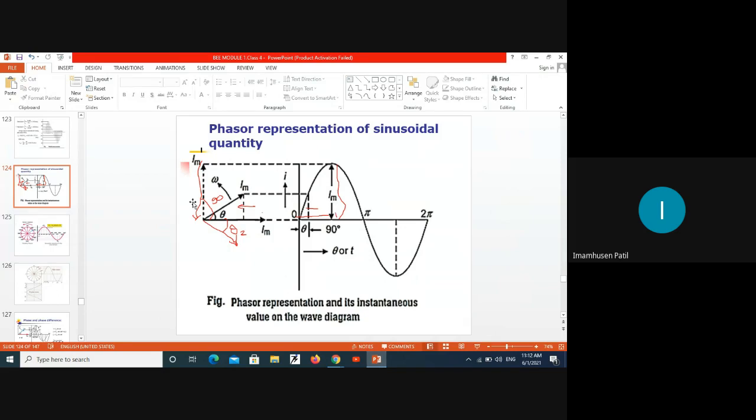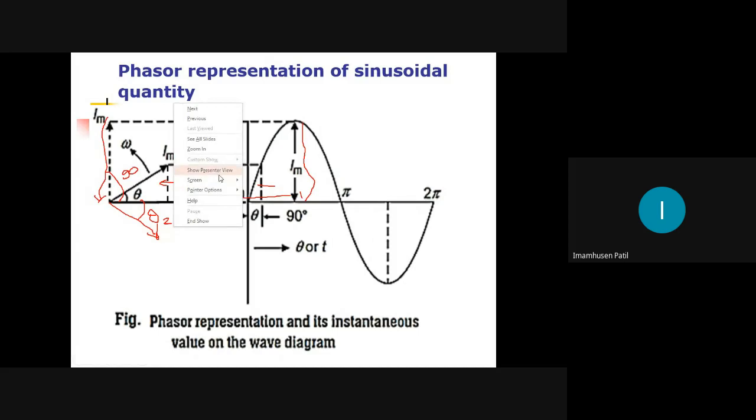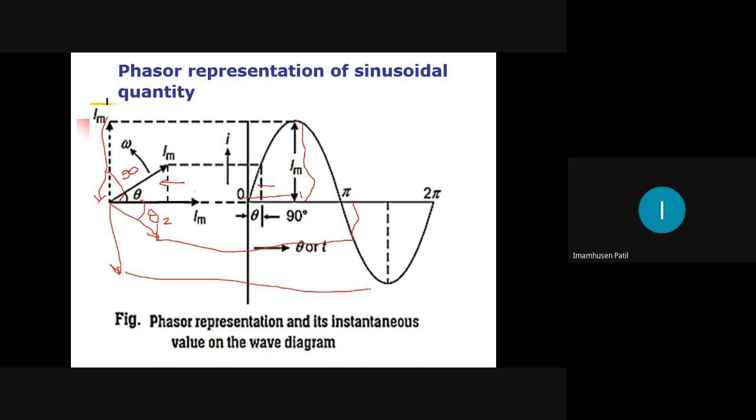Then you can see, here it is lagging on this side, so you will get corresponding negative values. Again, if you project like this, you will get negative values.